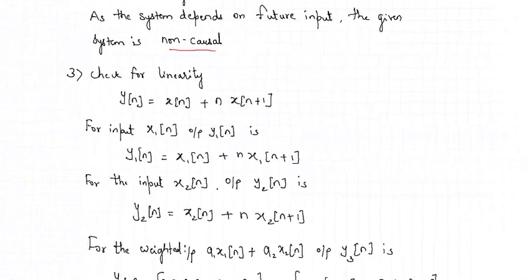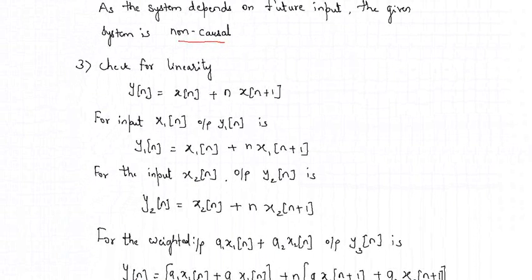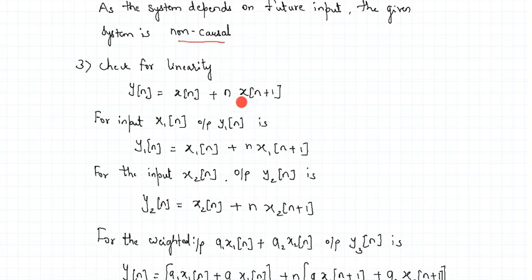Let us check the third system property, that is linearity. We know that for the system to be linear, it should obey two properties: homogeneity and the superposition concept. So we will follow the steps wherein we check these properties for the given system. Our given system is y[n] equal to x[n] plus n times x[n+1]. In step number 1, we apply a part of the input.